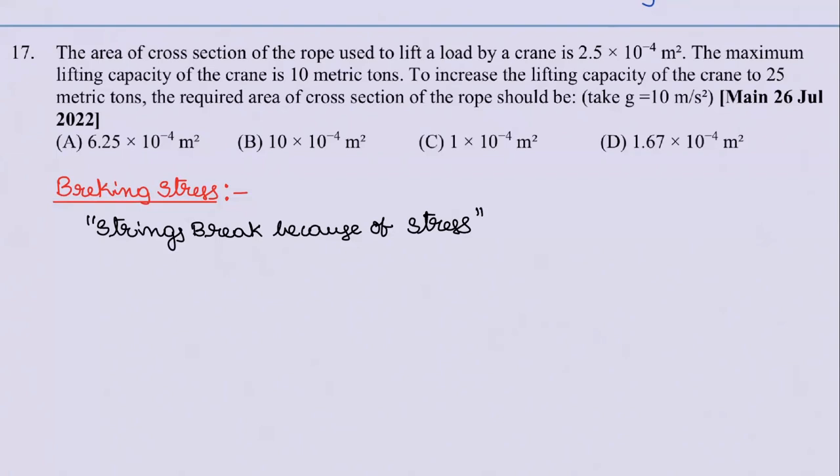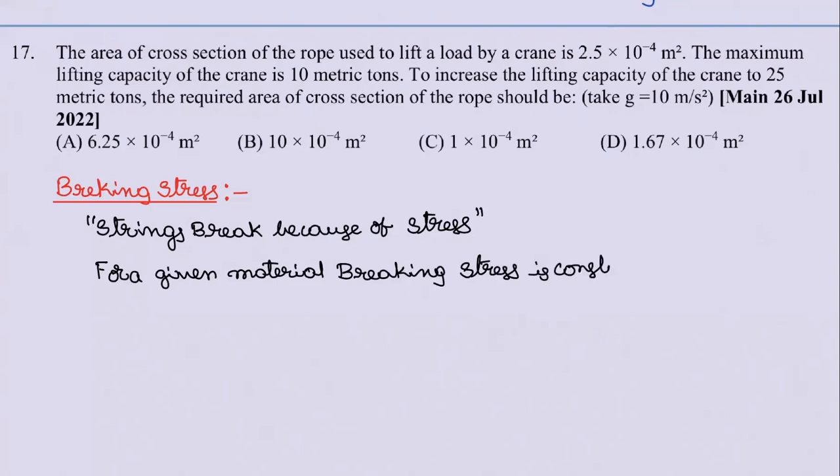Or else, if you don't want this statement, you can take it like this. For a given material, breaking stress is constant. So the key point you need to get is very simple.